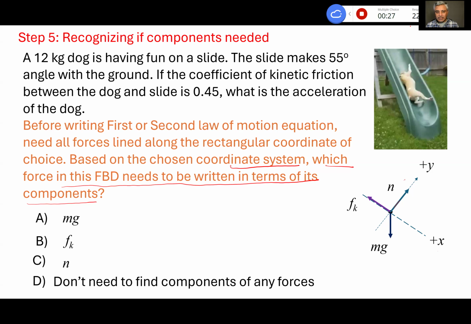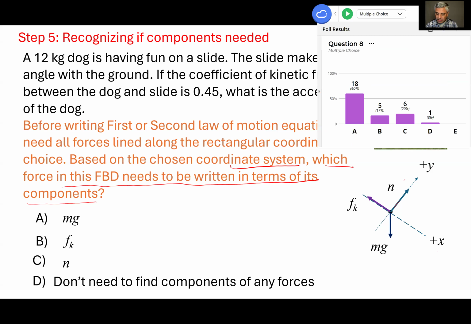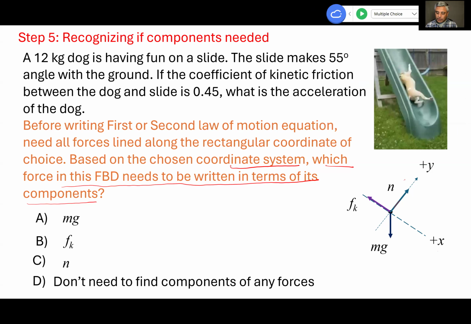Five more seconds. 5, 4, 3, 2, 1, and it stops. Okay, so let's see how we did here. So mostly mg, yeah, the one that's not pointing along the x or y direction of our choice, we need to find the component of that one, right?